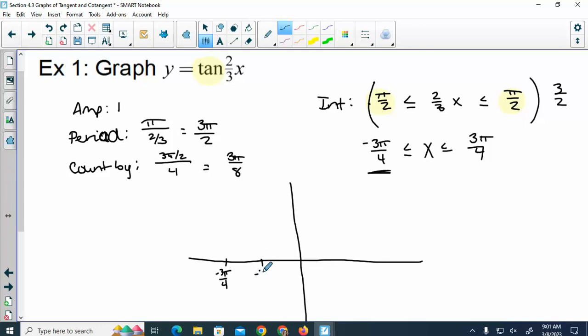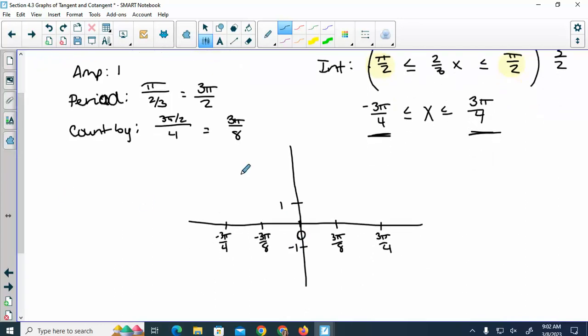So that's negative 3 pi over 8. Plus 3/8 is 0. Plus 3 pi over 8 is 3 pi over 8. Plus 3 pi over 8 is 6 pi over 8, or 3 pi over 4, which is where we said our interval should end. Amplitude, we're using the 1 and negative 1.